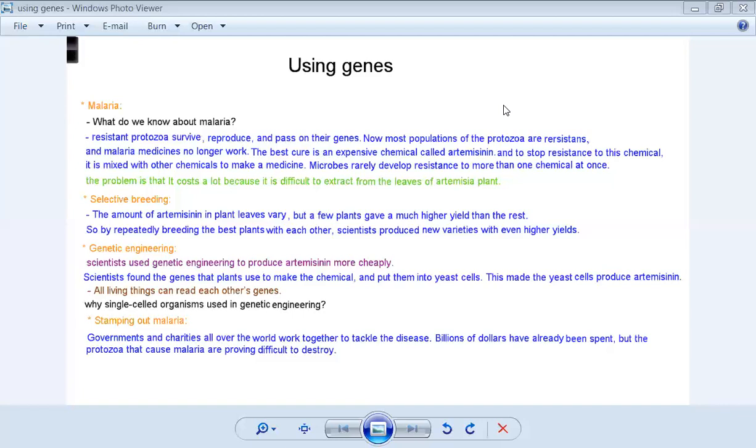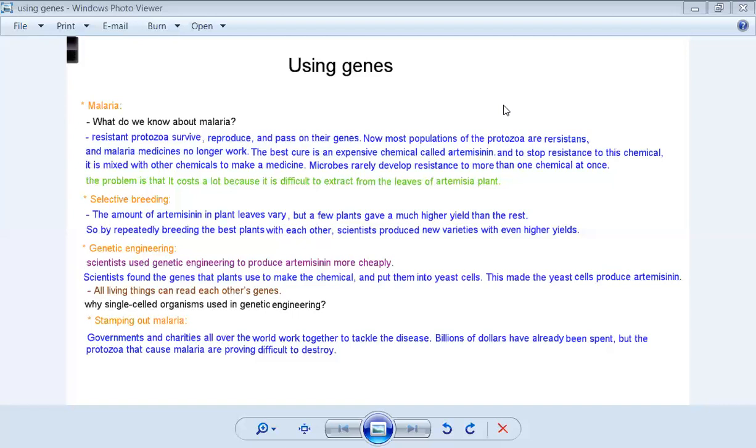Artemisia plants take more than 1 year to grow. This is the difficulty in growing this plant and using selective breeding with it, because it takes more than 1 year to grow. But yeast is easy to reproduce, so it will be easy for them to extract the artemisinin from them.